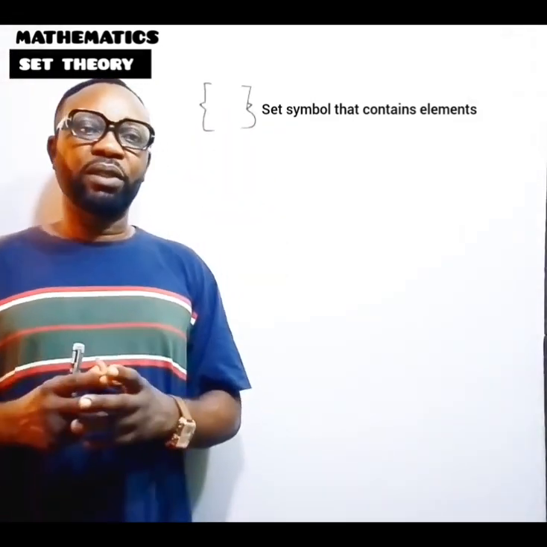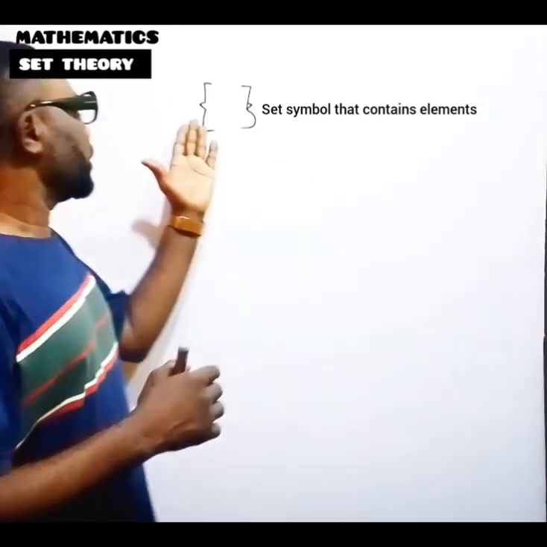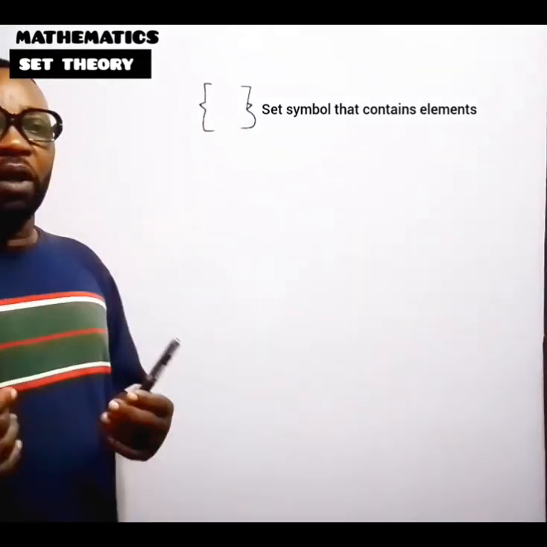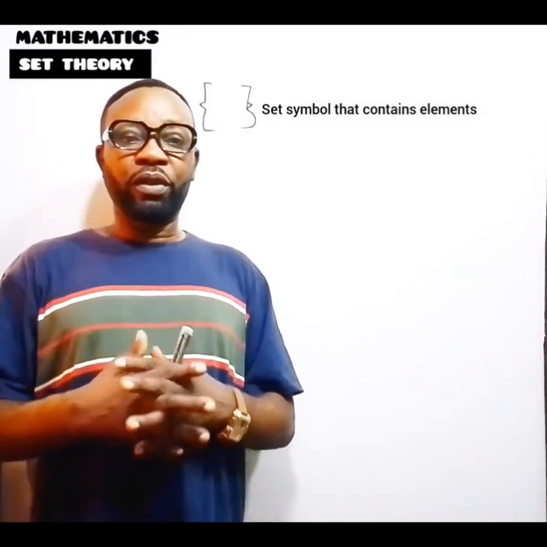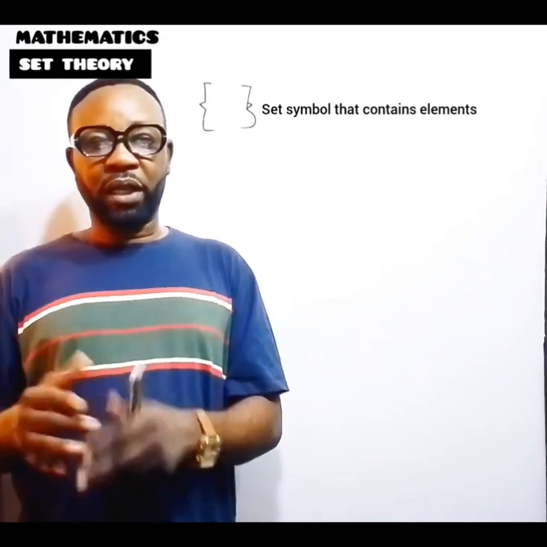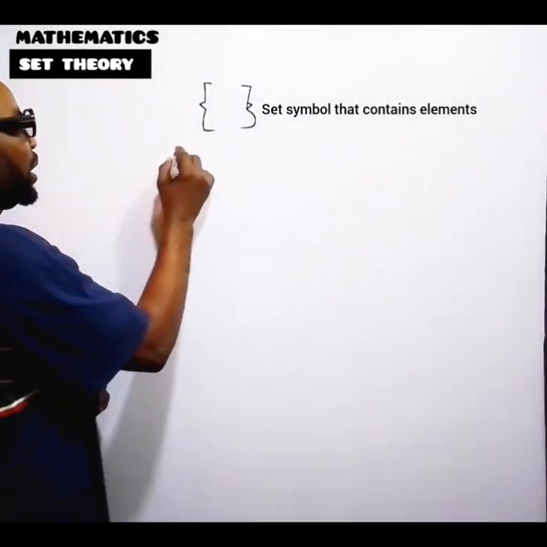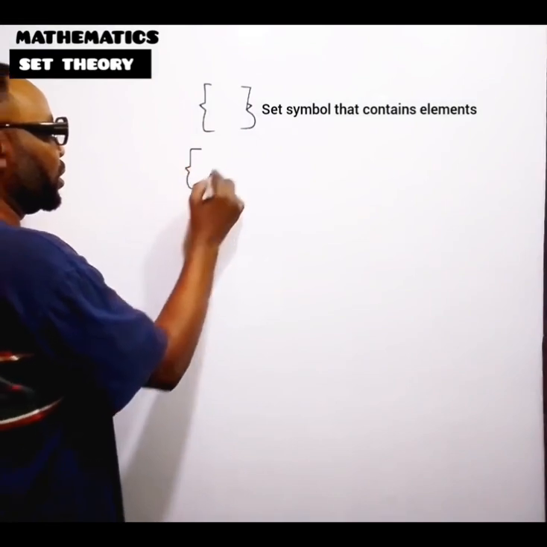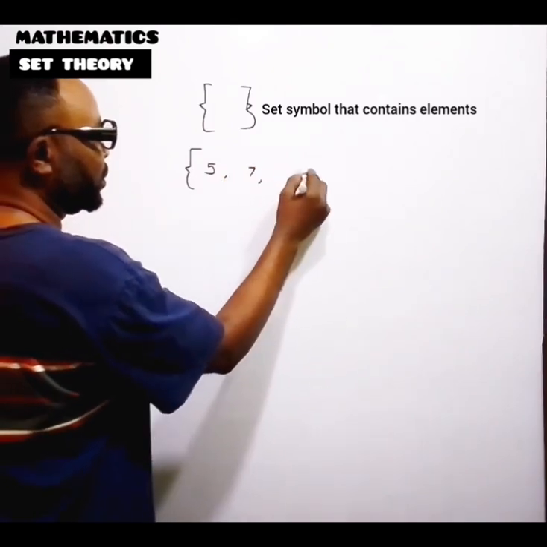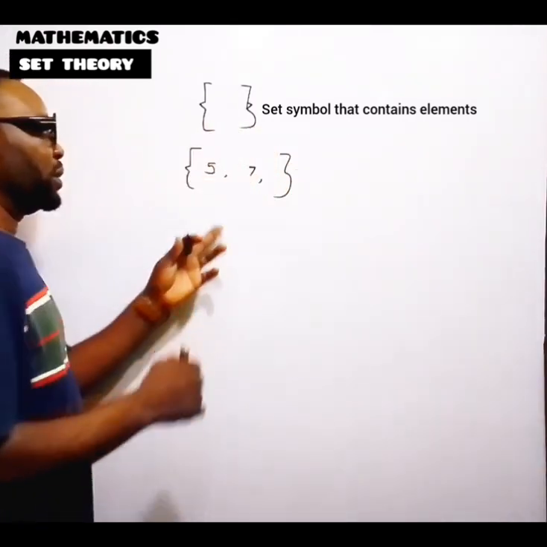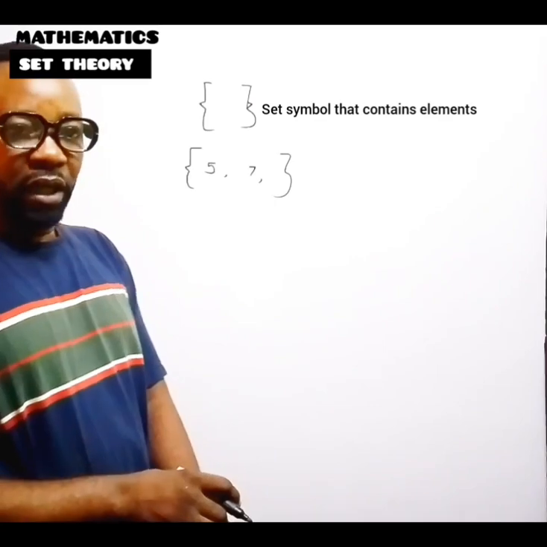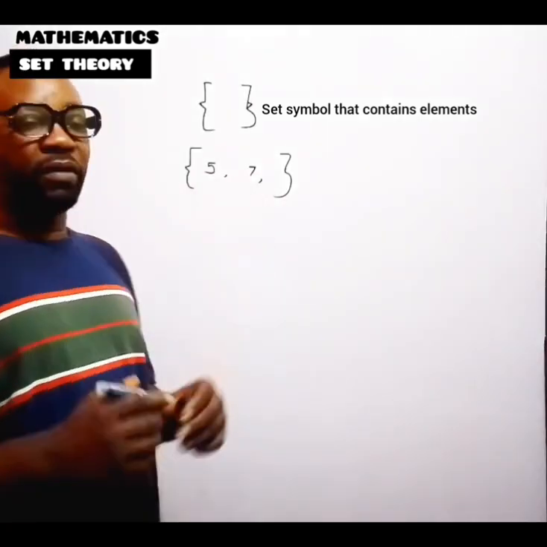Now, for the values that will be placed inside this symbol, for instance, if you are asked to give the prime numbers between 4 and 10, you are going to have it this way: 5, 7. I think that is all. That is the prime numbers between 4 and 10, 5 and 7.